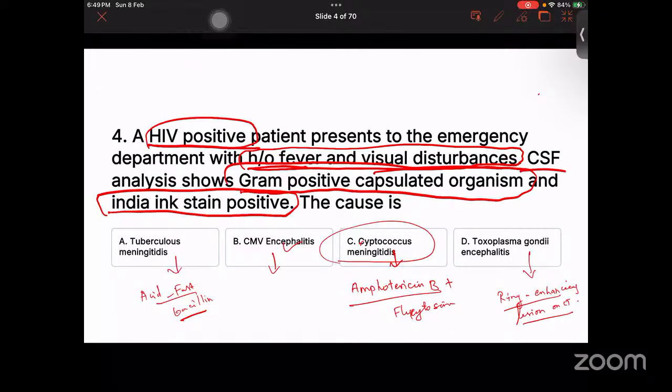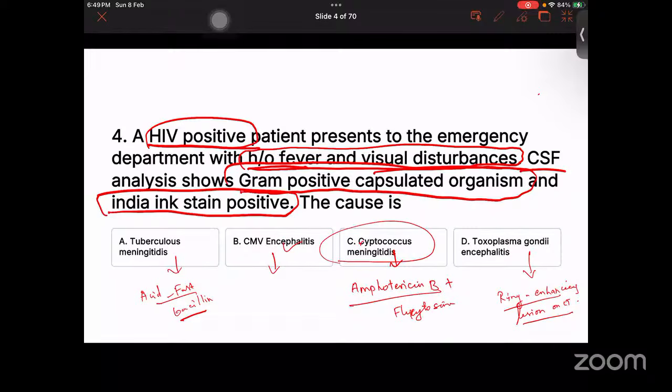So HIV positive, optic nerve involvement, gram-positive capsulated, India ink stain positive narrows us to cryptococcus meningitis. You may see high CSF opening pressure. So the drug of choice here is amphotericin B plus flucytosine.